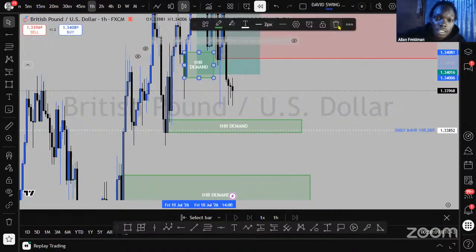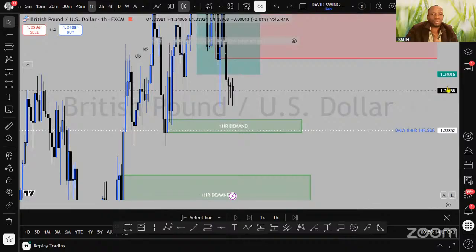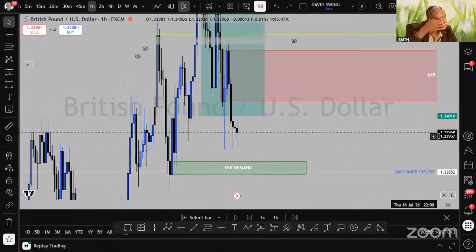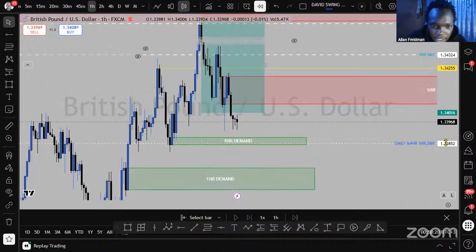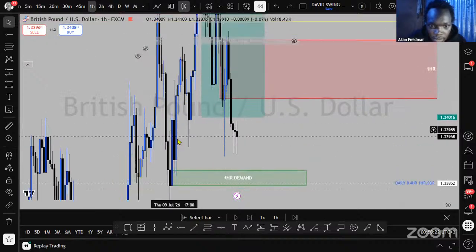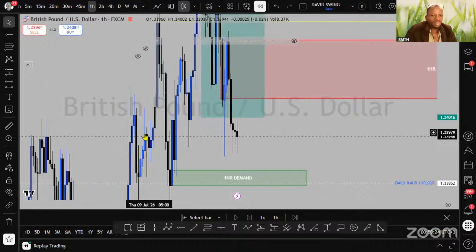It has broken, continue. But we have this other demand down here. This one, very important. And there is this one. Remember also this is a demand area. That is something you should know. I didn't want to put it because price is already inside it. So I'm just going to let it decide what it wants to do.